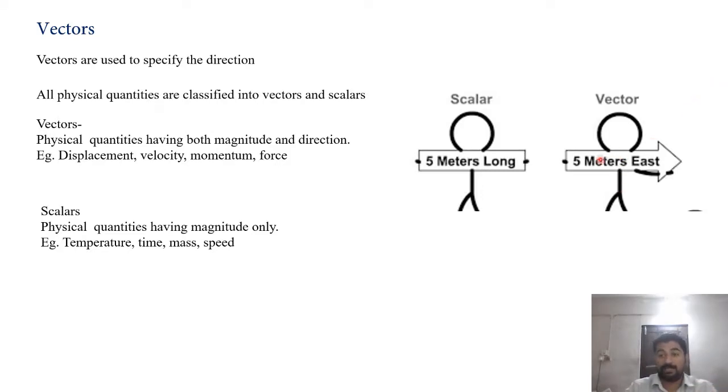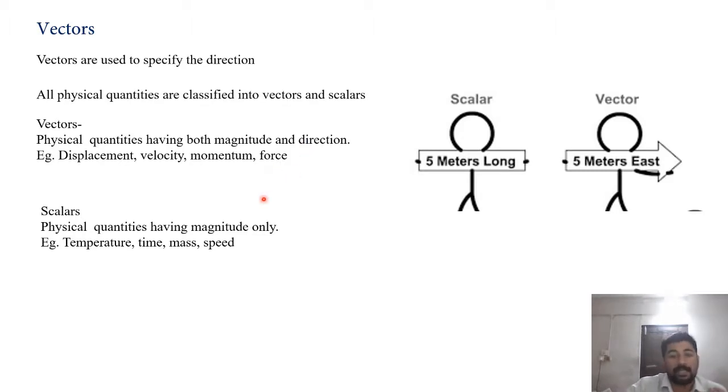Here you can see this scale is pointed towards the east. You have to specify the direction as well as the magnitude. So vectors are physical quantities that have both magnitude and direction. Examples of vector quantities are displacement, velocity, momentum, force, etc.